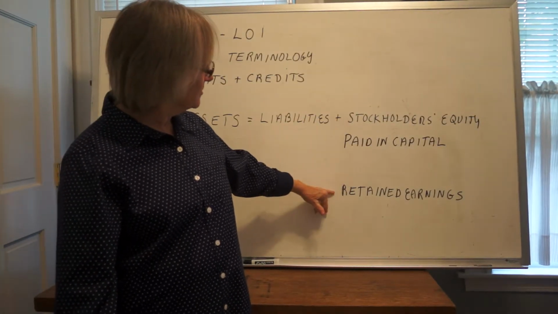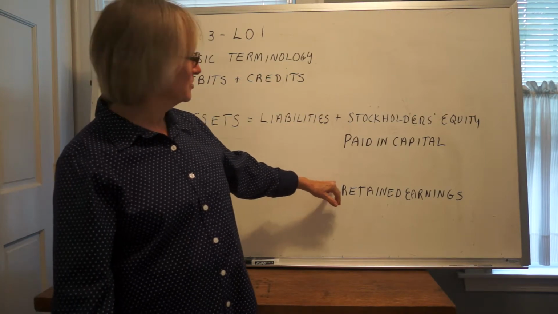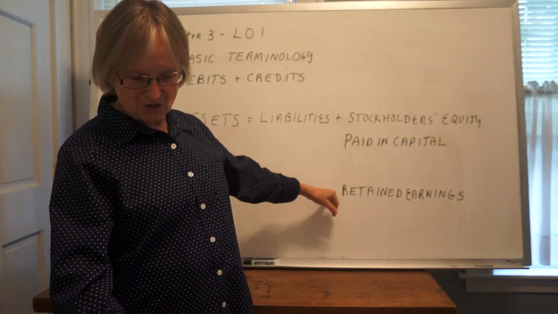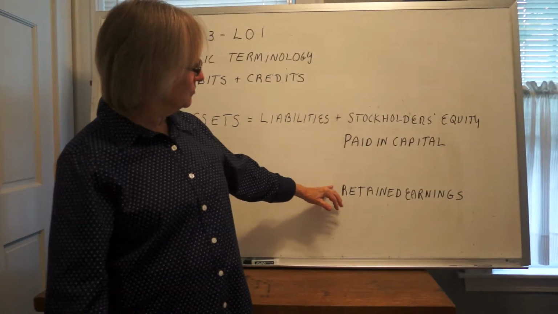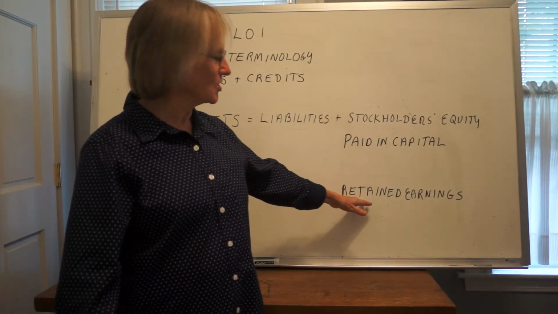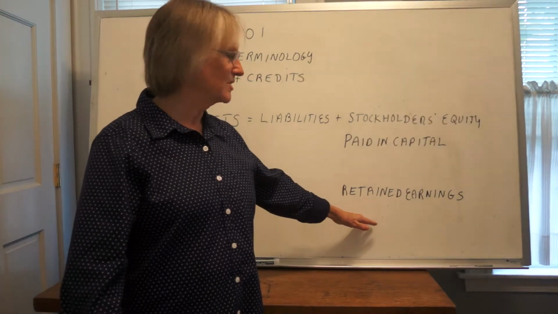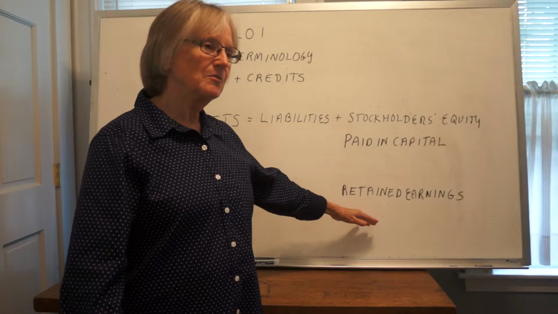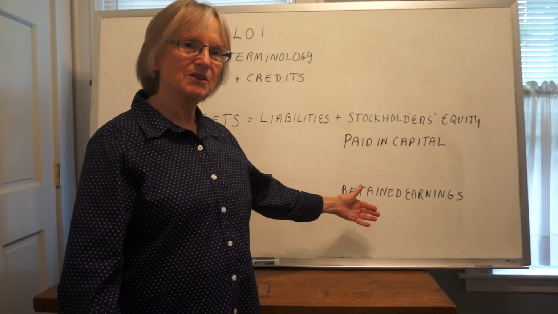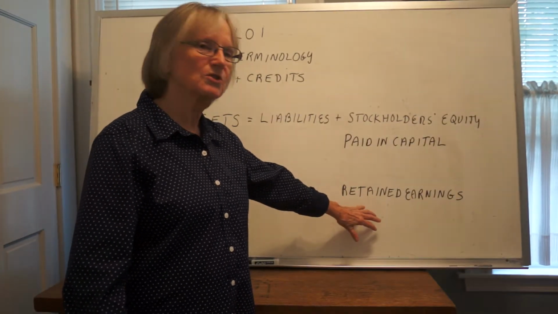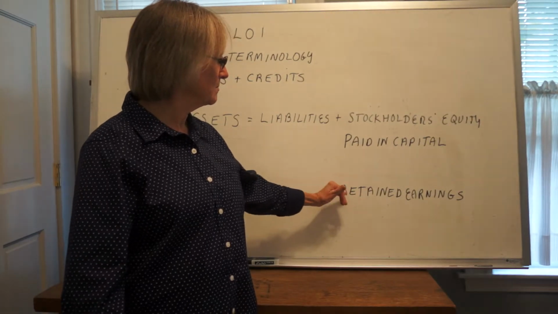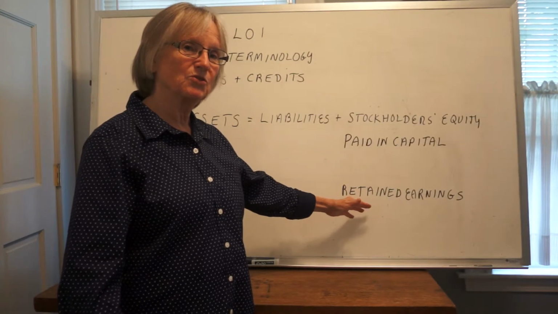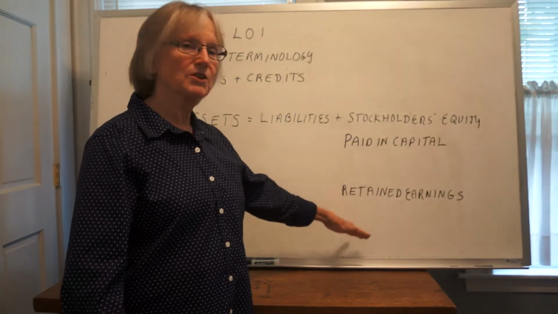As opposed to the other section of stockholders' equity, which is your retained earnings. So this relates to the operations of the business. It's the sum of all the revenues minus the expenses since the company started that has not been paid out in dividends. If you think about the retained earnings statement, it starts with a beginning balance, you add your net income, which is your revenues minus your expenses, and then you deduct your dividends.